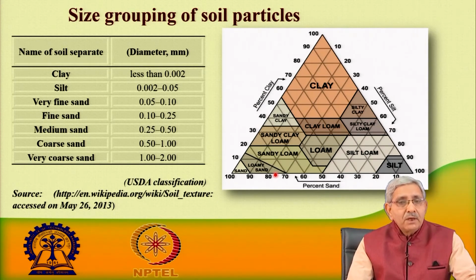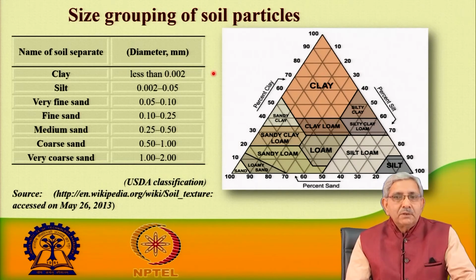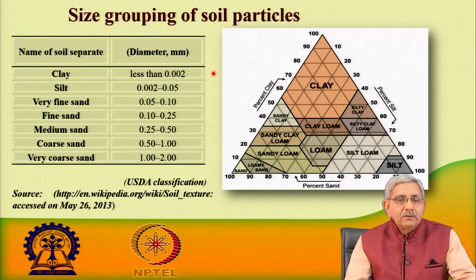Now, clay, silt and sand are classified based on the size of the particles. Clay means the size of the soil particle is less than 0.002 millimeter. Silt means the soil particles are in the range of 0.05 to 0.10.